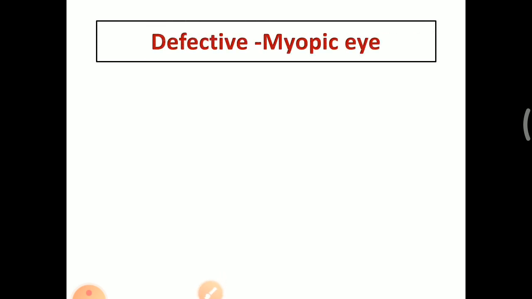The next diagram, the defective myopic eye. You know what is meant by myopia. In theory, we learned that a myopic person can see nearby objects clearly. They cannot see distant objects clearly. So how to draw the defective myopic eye?